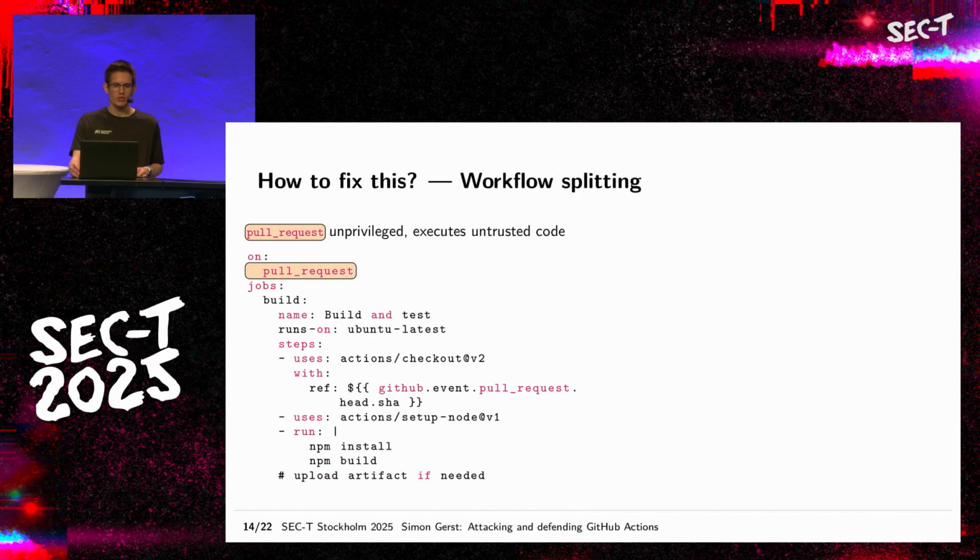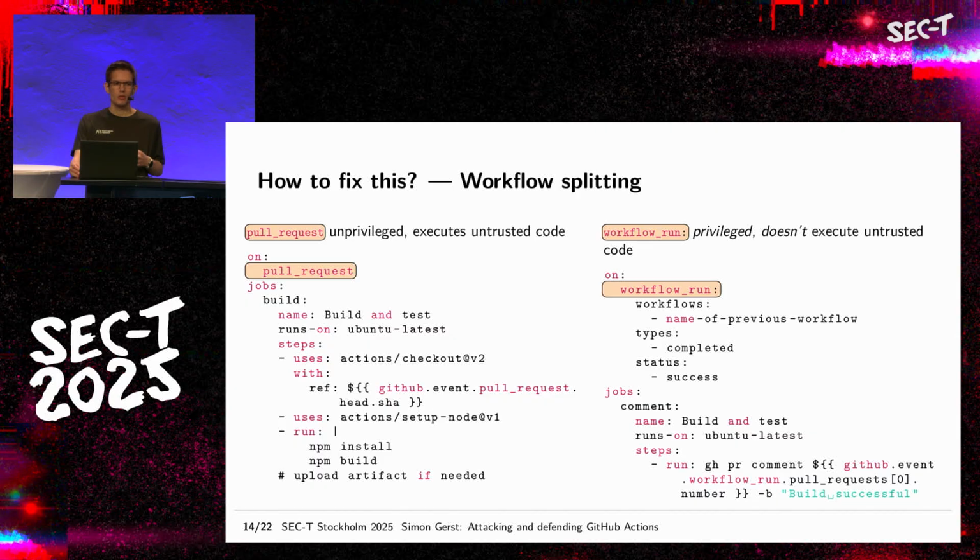What we then use is workflow run, which can be configured to run after a specific other workflow has run before. So we say if the workflow with the specific name has completed and it has succeeded, then run this job. And all this job then does is it adds a comment to the pull request which says the build was successful.